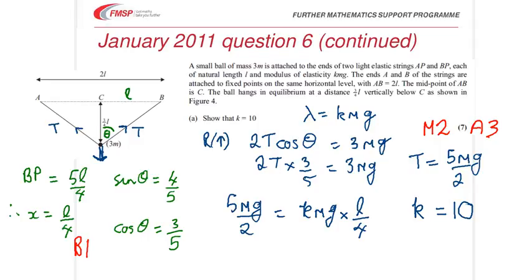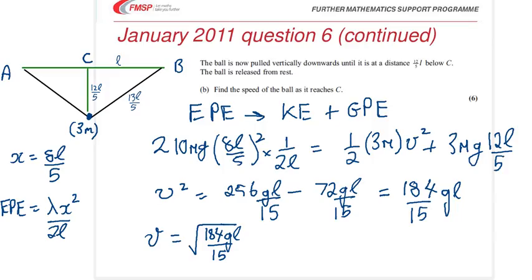And for the other part of the question, part b, we had a B1 for working out the length of the new string and from that getting the extension. And again, 2 method marks and 3 accuracy marks, so M2, A3.